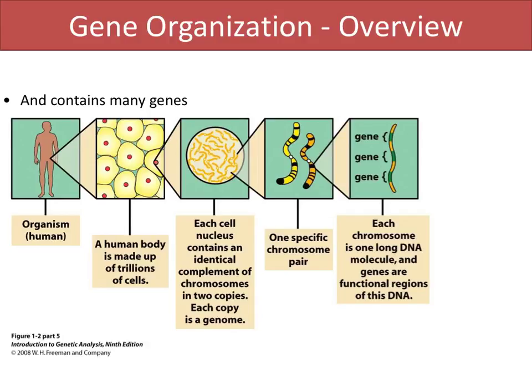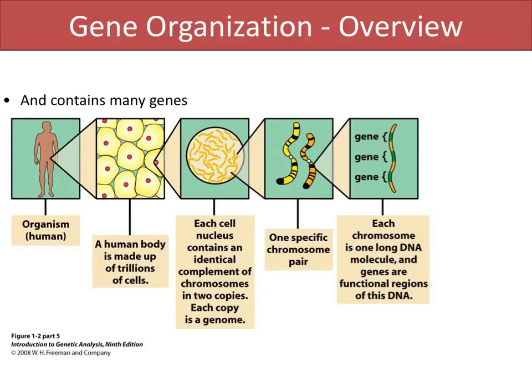Now, it turns out we also have DNA with our mitochondria. Mitochondria has its own genome because the eukaryotic cell is actually a combination of a bacteria and a eukaryote with a nucleus. But for now, we'll just go on.